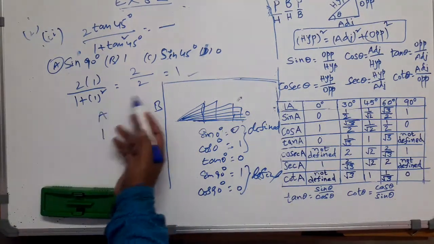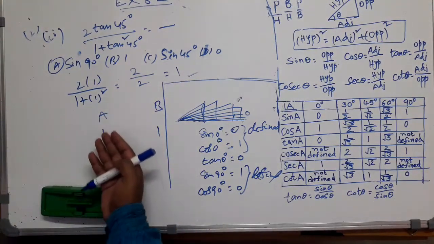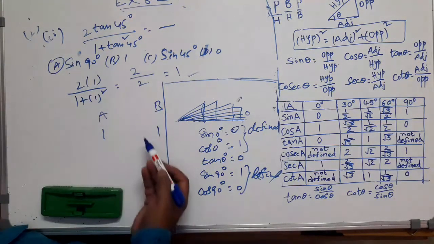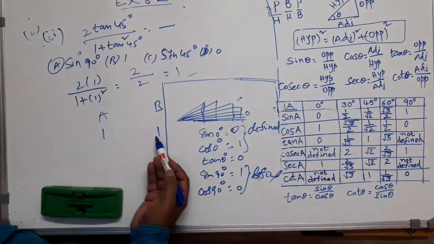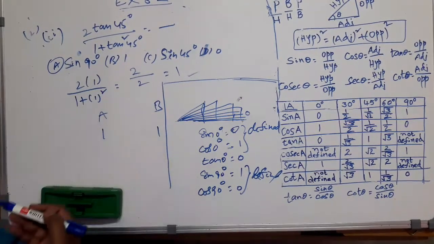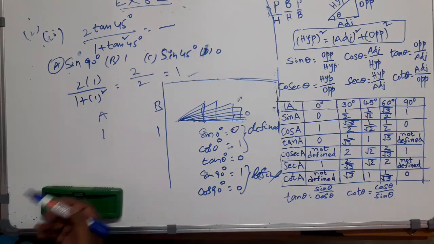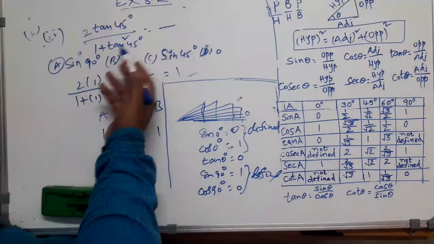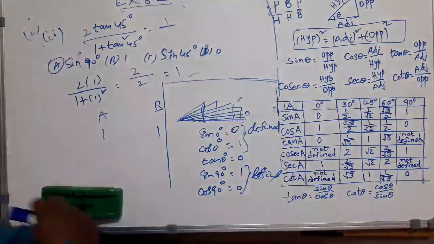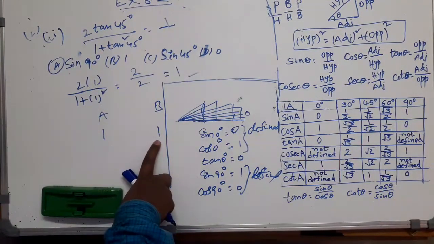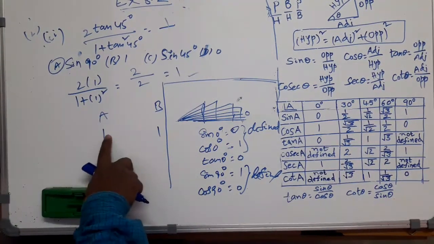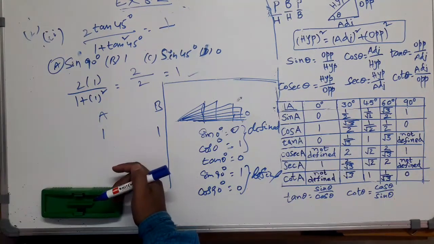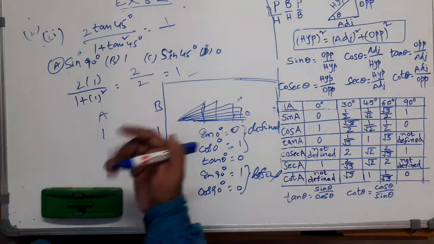You have got the answer to be 1, but in the options there are two ones. Option A is 1, option B is 1. Option B is directly 1, but option A is giving us sine 90 degrees. Tell me which answer will be more appropriate now. You know that this expression is 1, of course. Option B is directly 1, but this one, is it exactly 1? That is almost 1. Theoretically we are taking that to be 1.